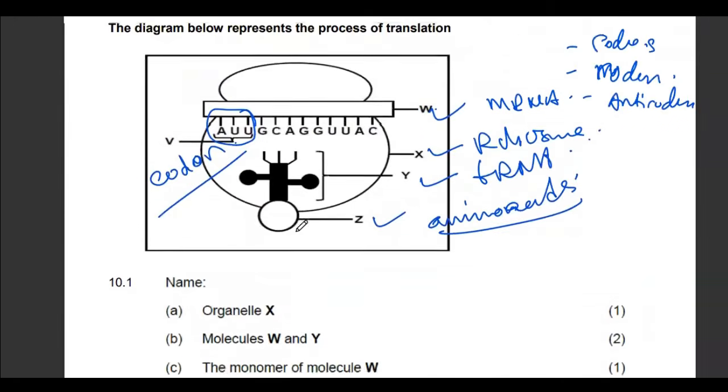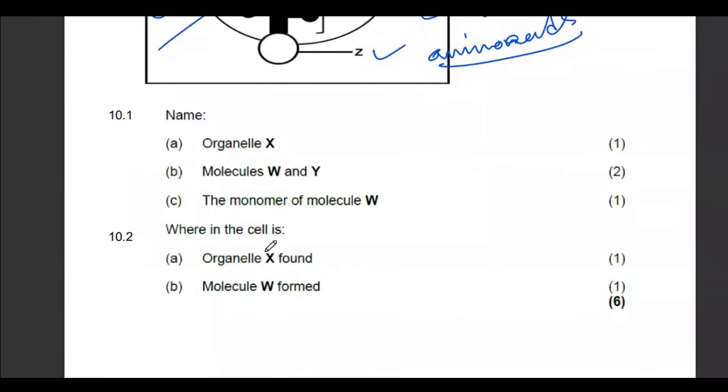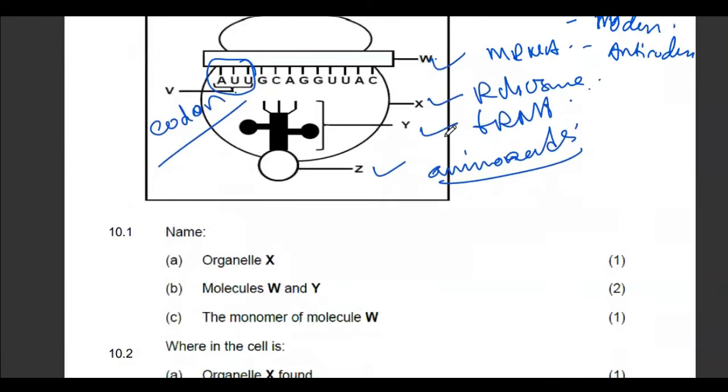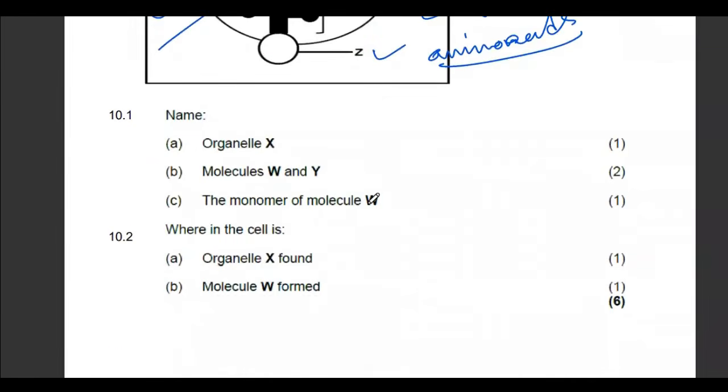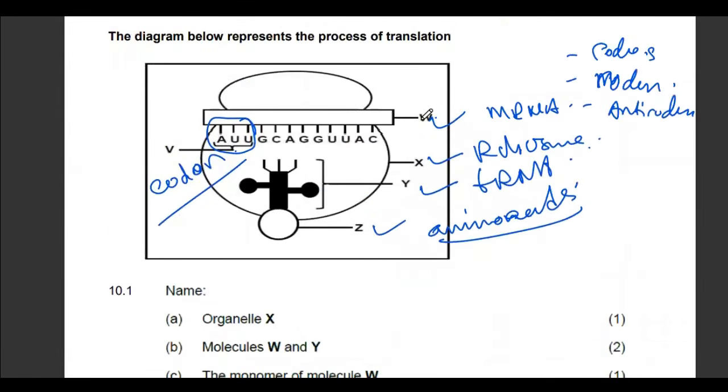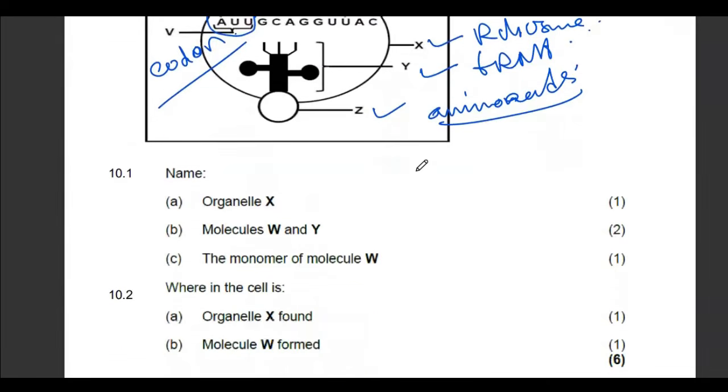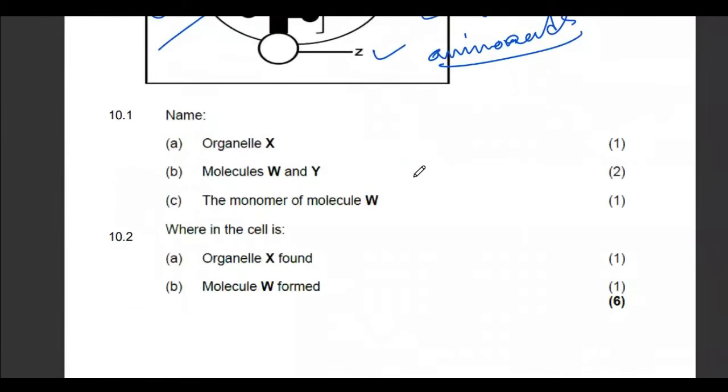Molecule W formed, organelle X, we have seen it, ribosome. The monomer of molecule W, remember the building blocks, that's what we call the monomer, is going to be the nucleotide.